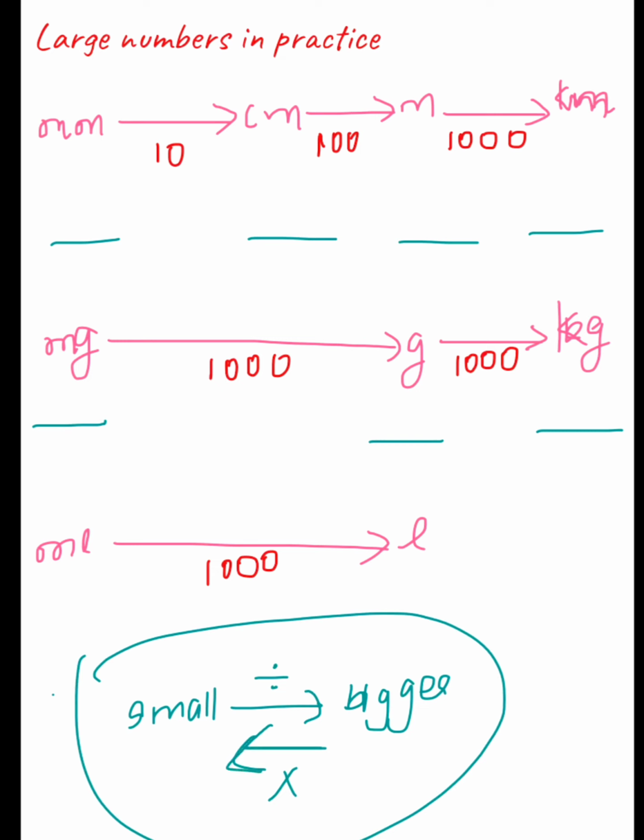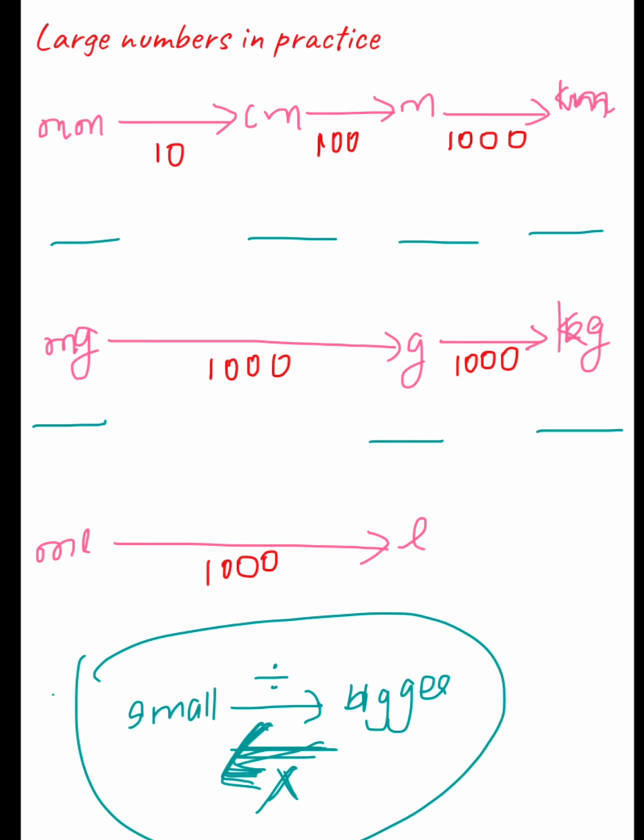Bigger to smaller means you have to multiply. Or you should keep only one thing in mind: when you are converting to a bigger unit, you must divide. The other one will be just the opposite.